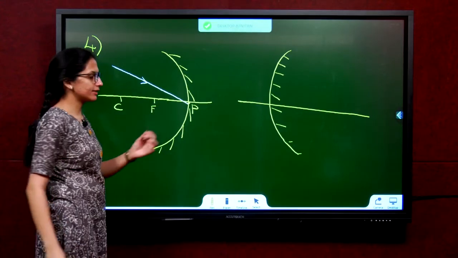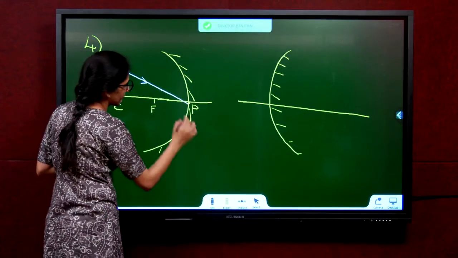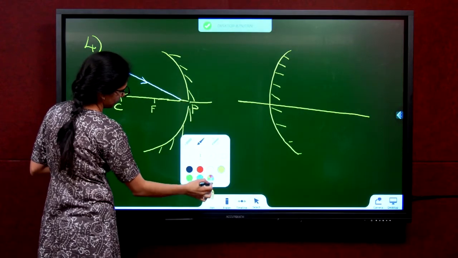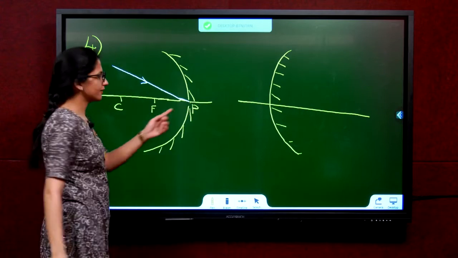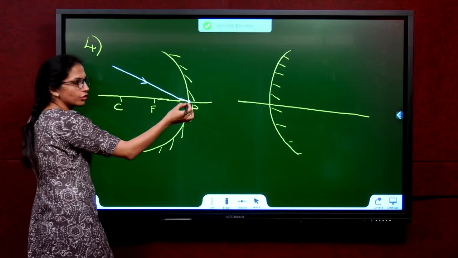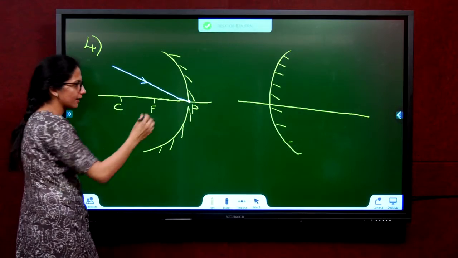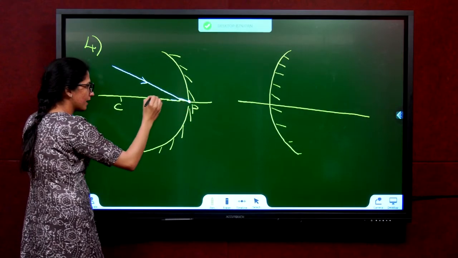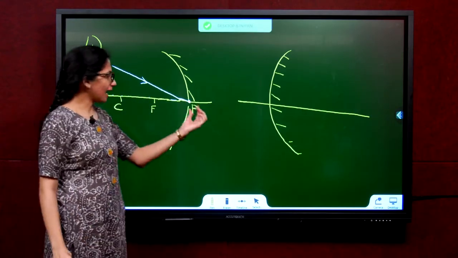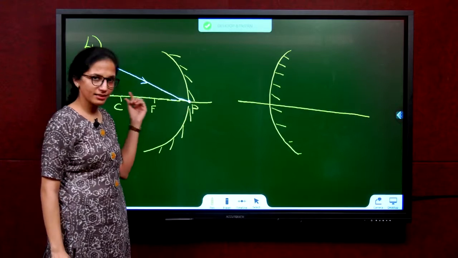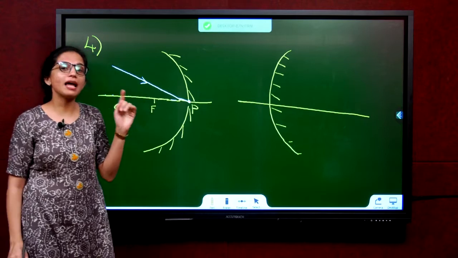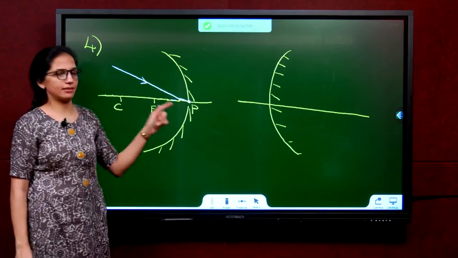At the point of incidence, draw the normal. At this point, if you draw the normal, it passes through C. This principal axis is itself the normal. So put a note. At the pole, the principal axis passes through the pole, correct? So here, the principal axis is itself the normal at the pole.